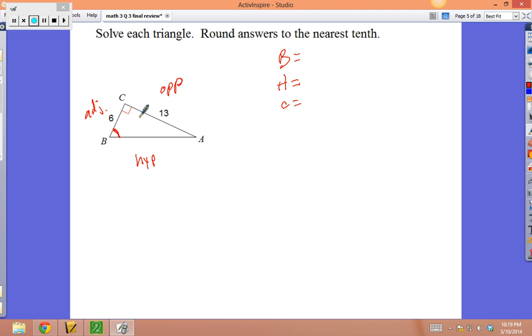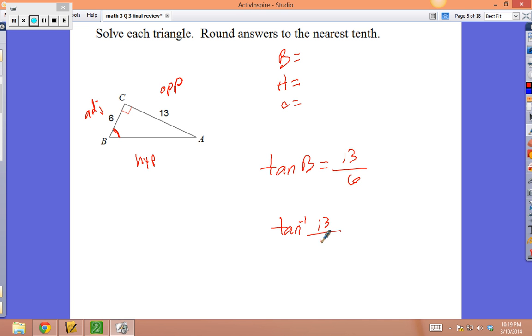I have opposite over adjacent. So I know that the tangent of angle B is going to be opposite over adjacent, so it's going to be 13 over 6. And now, if I have the fraction, but I do not have the angle, I need to solve for B. The only way you're going to ditch the tangent is the inverse tangent.